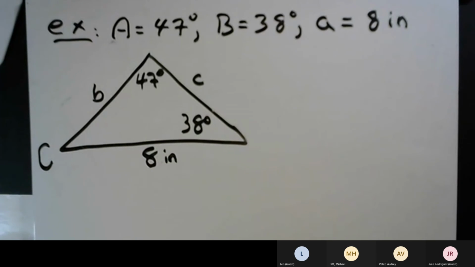So how do we solve this? You might say, well, can't we do the same thing we did before? And we can't. That's only for right triangles. This is going to be an oblique triangle. So what we're going to do is the law of sines.